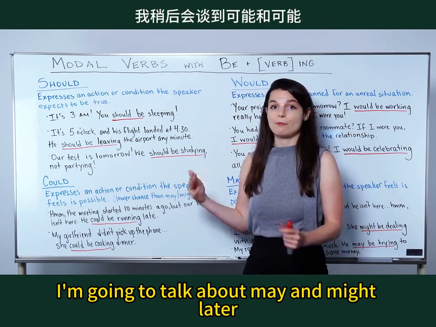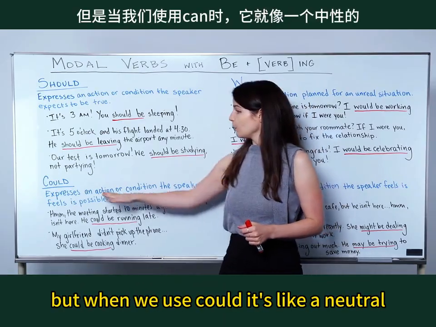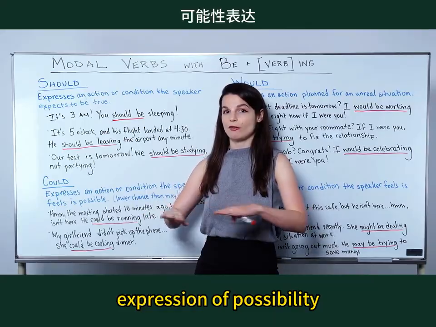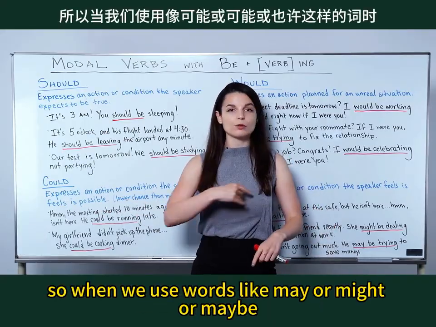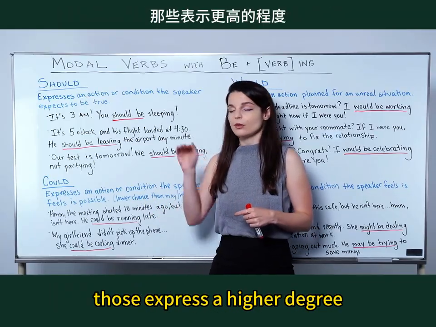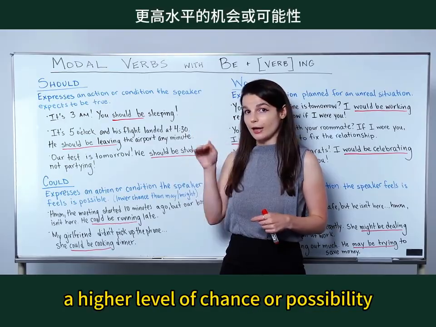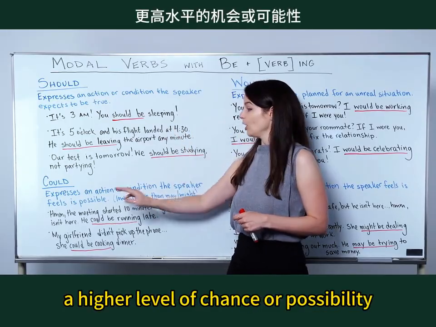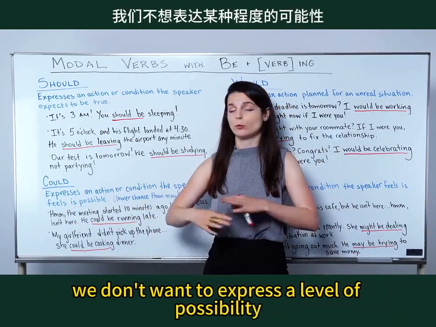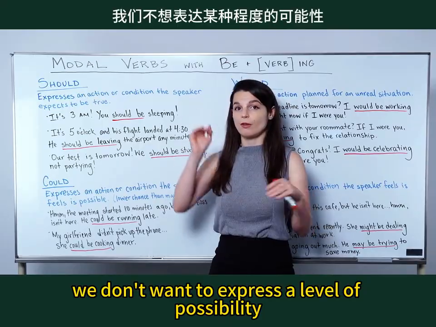I'm going to talk about may and might later, but when we use could, it's like a neutral expression of possibility. So when we use words like may or might or maybe or perhaps, for example, those express a higher degree, a higher level of chance or possibility. Could is just, we want to say something is just possible. We don't want to express a level of possibility.